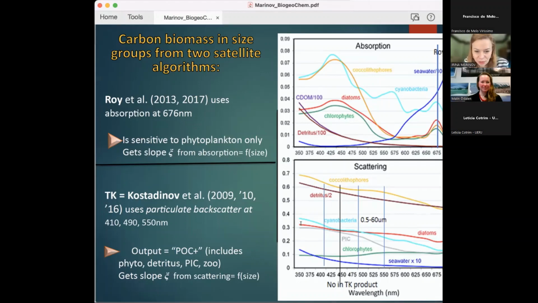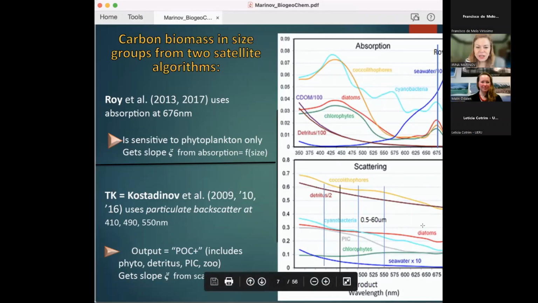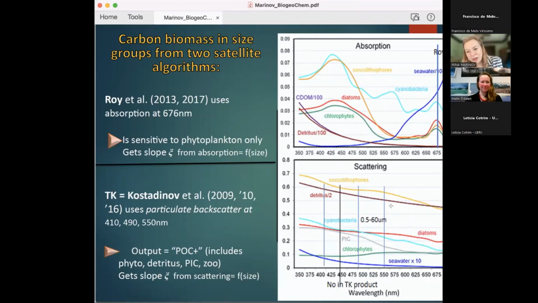Now, the Kostadinov data set uses a combination of multiple backscattering wavelengths at 410, 490, 550, and because there is backscattering principally of detritus, as we see here, the detritus is pretty much dead organic matter.